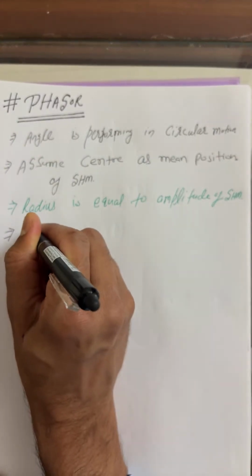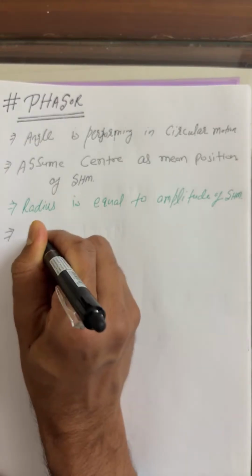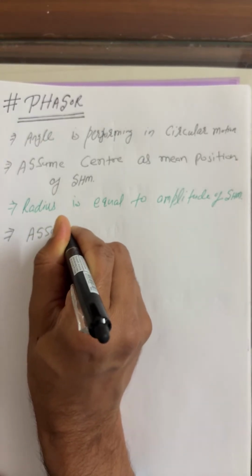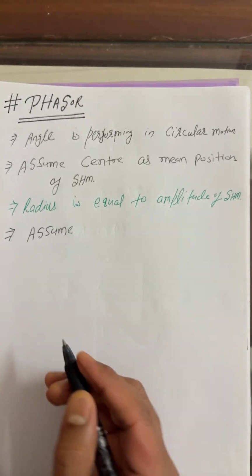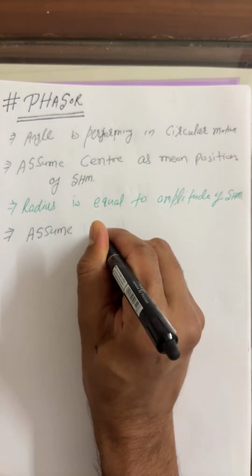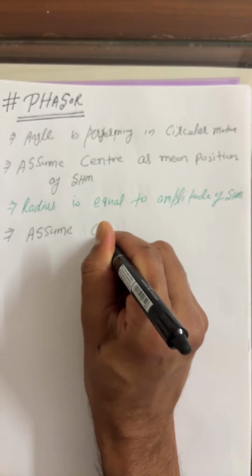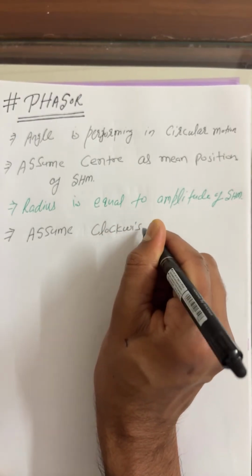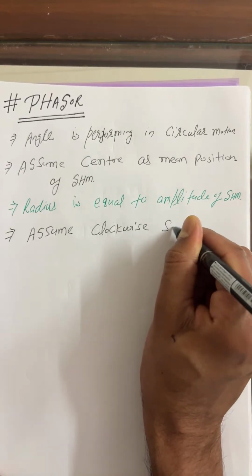Assume clockwise sense. All this you can understand easily if I make a phasor. These all are assumptions here. Assume this is the clockwise sense.